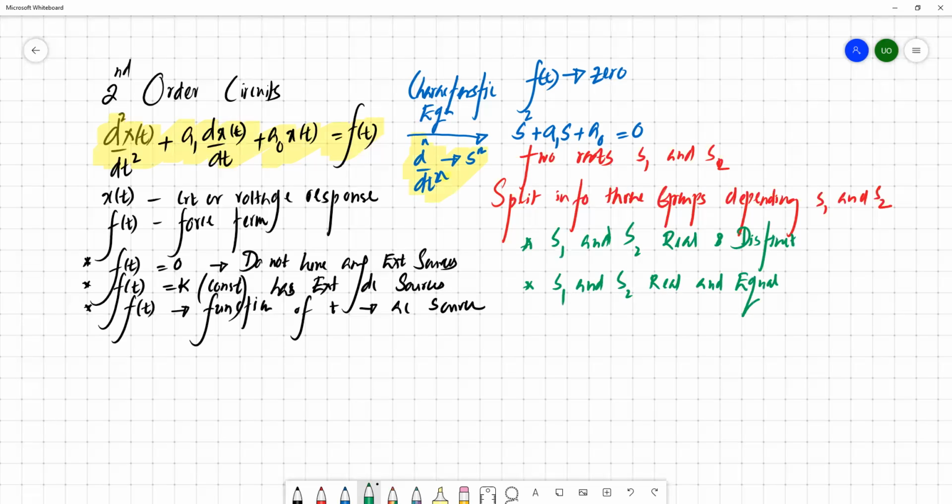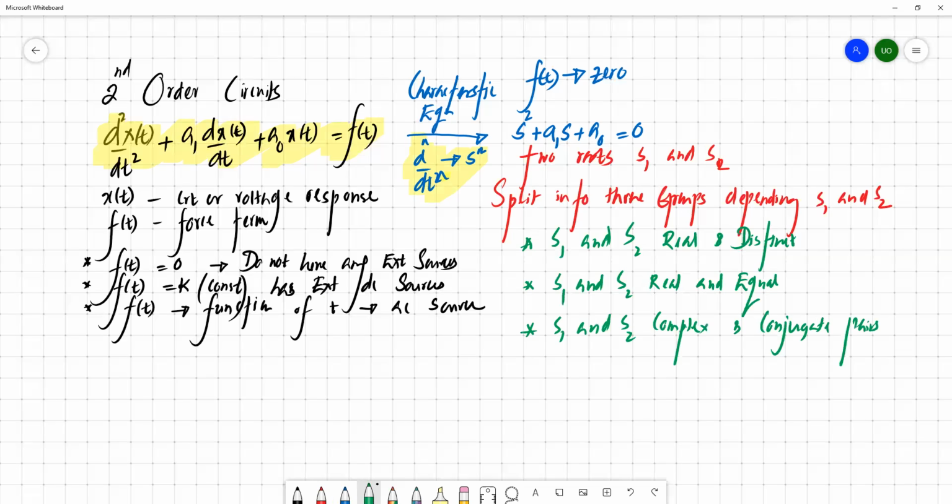So we end up with real roots, but the values of these two roots are the same. The third is s1 and s2 are not real, they are a complex conjugate pair.